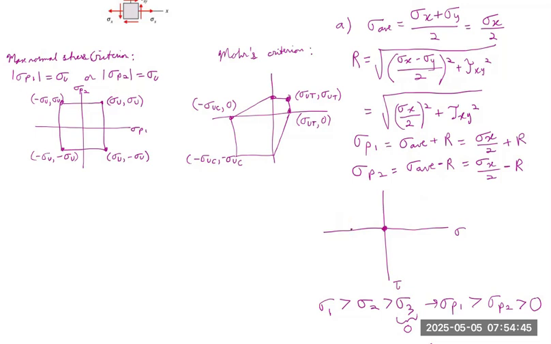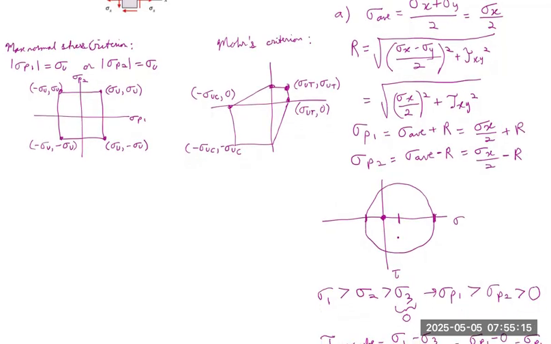So let's draw sigma average as somewhere over here since we know it's positive. And then principal stress 2 over here and principal stress 1 over here. So now our outer plane Mohr circle will look something different, since our outer plane Mohr circle says that sigma 3 is always equal to 0.